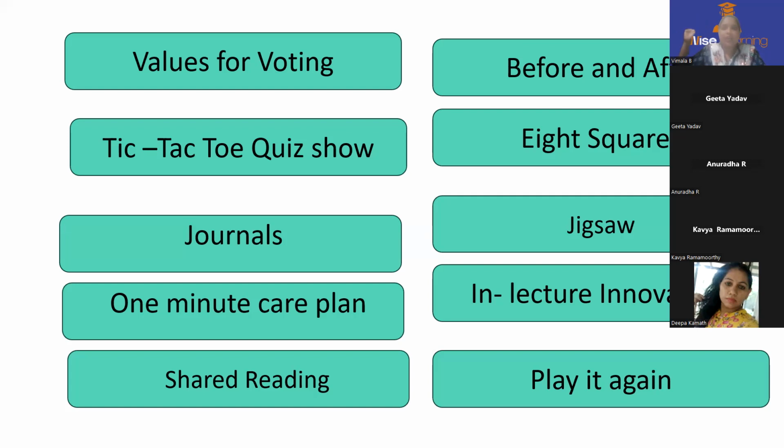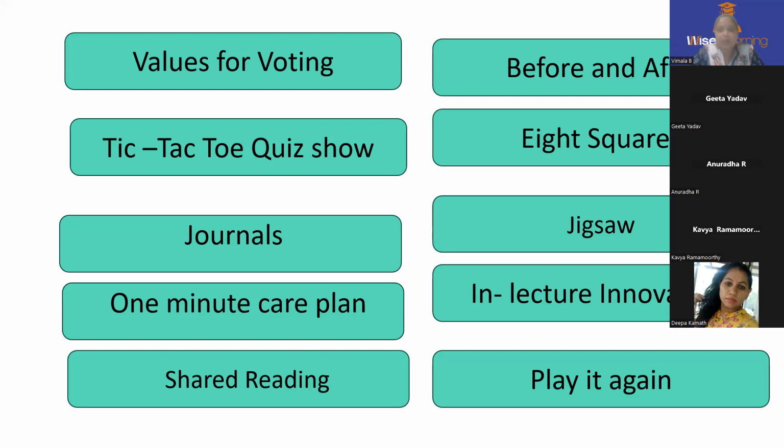The group or students who object will raise the hand, and those who are for the sentence will also raise the hand. So it is something like a debate as well as a recapitulation. Next method is the tic-tac-toe quiz show.